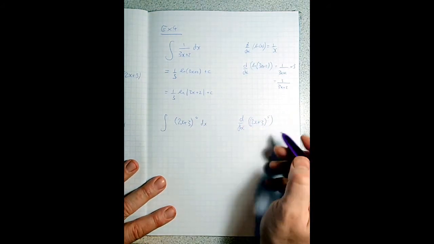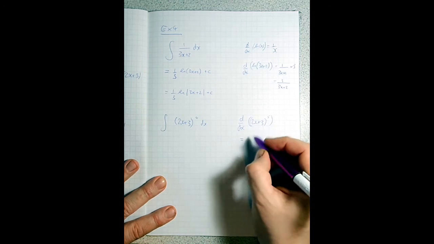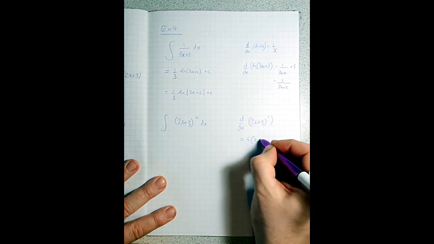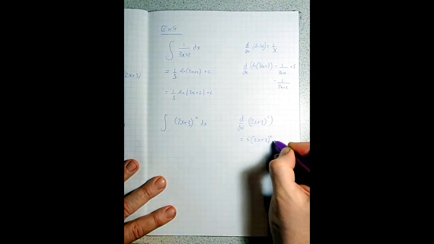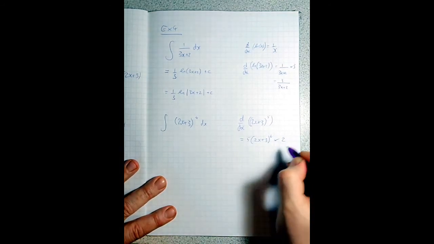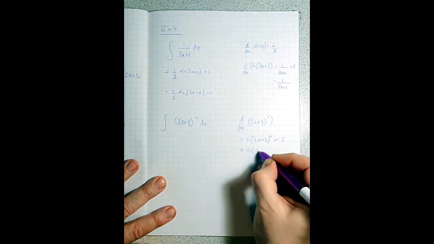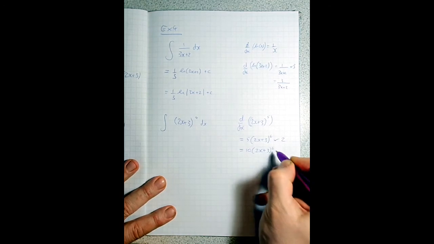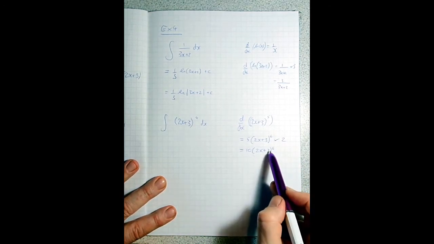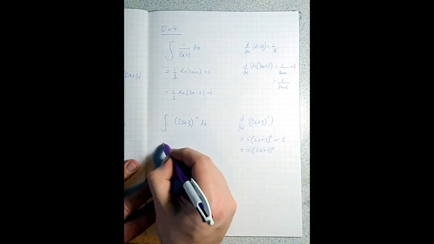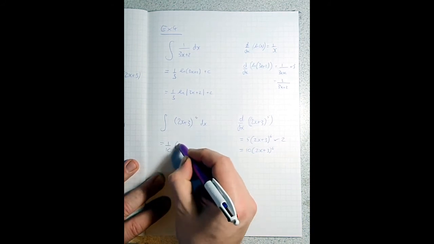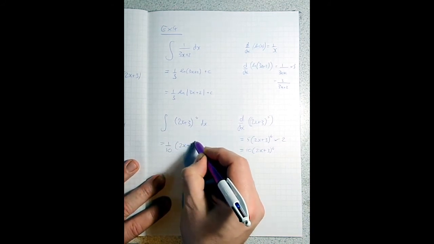Differentiate the whole thing, bring the power down, reduce the power, multiply by the derivative of the bracket, so 10 2x plus 3 to the 4. Well, that's 10 times too big, so my integral must be a tenth of 2x plus 3 to the 5.